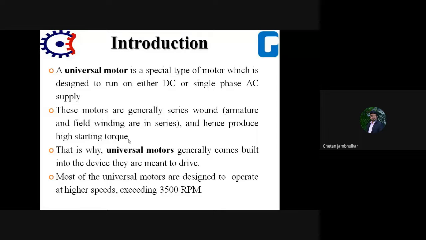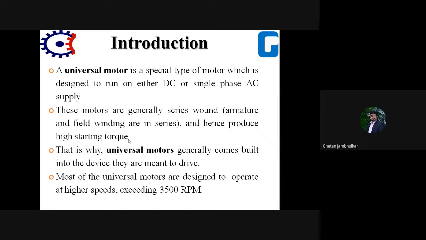So the universal motor is a special type of motor that runs on an AC supply, and these are series wound. So this AC series motor is also a series wound motor, and the armature and field winding are in series.